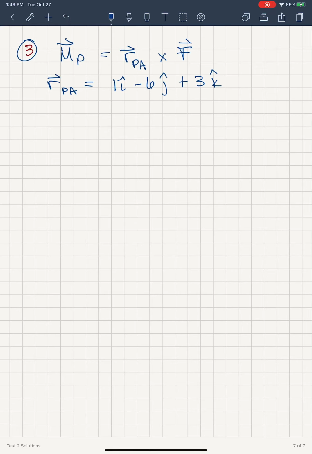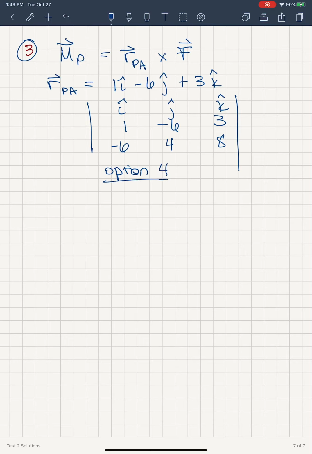And so that determinant is just going to be I, J, K of R, so 1, -6, 3, crossed with the F, which was given to us as -6I plus 4J plus 8K. So I just need to look closely through the solutions, and it looks like option 4 is the answer.